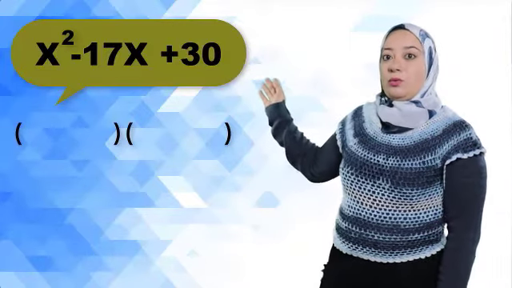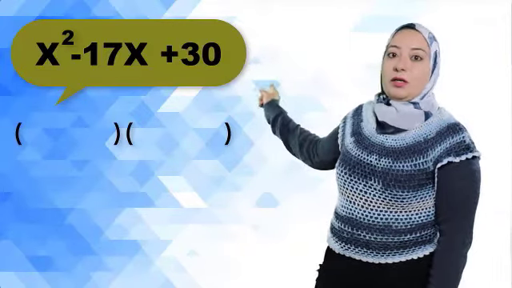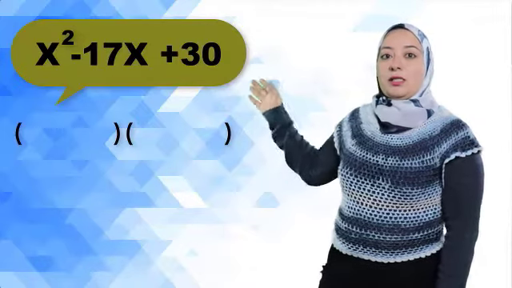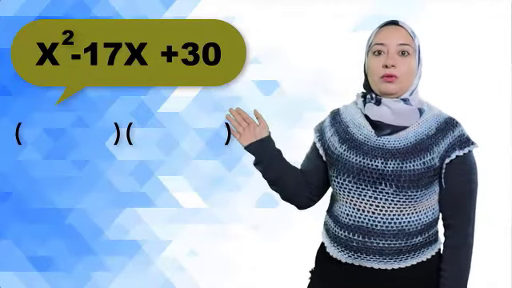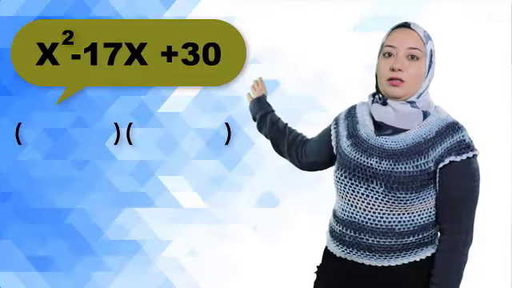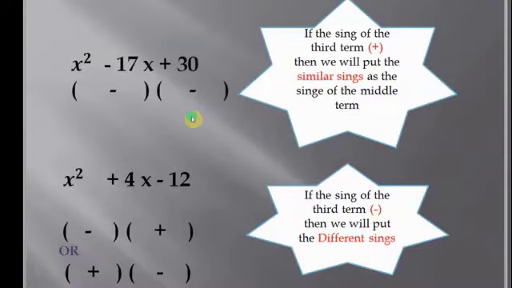After that, we want to write our signs. Let's see the rules for putting signs in brackets. If the sign of the third term is positive, then we will put the same sign as the sign of the middle term.